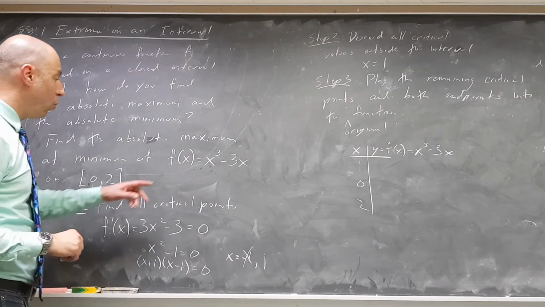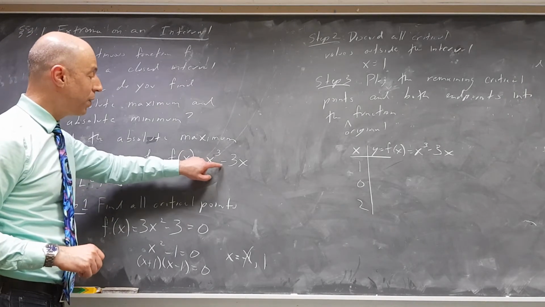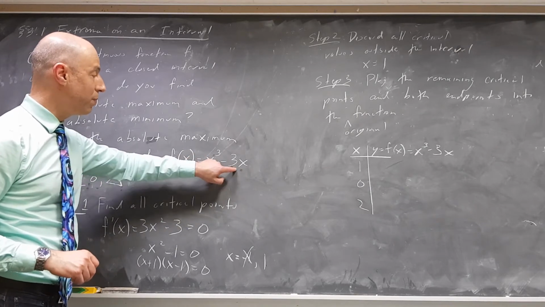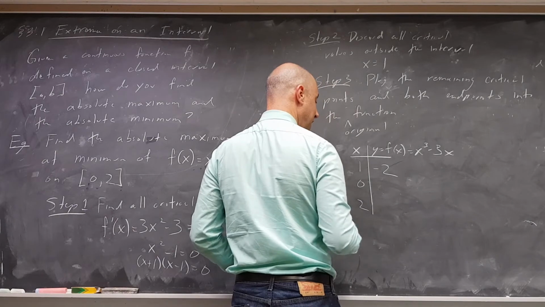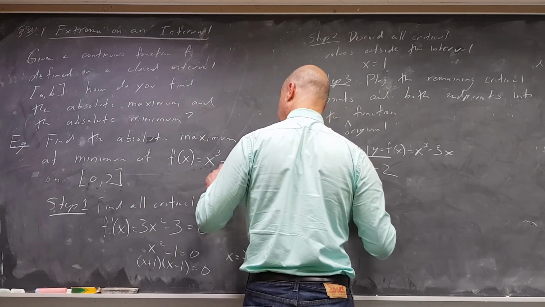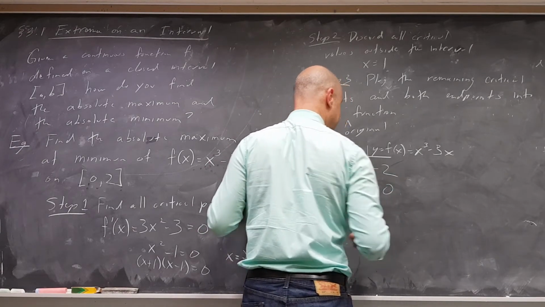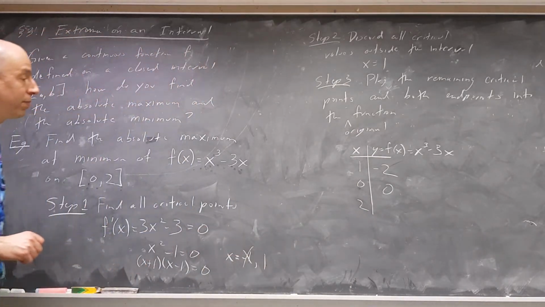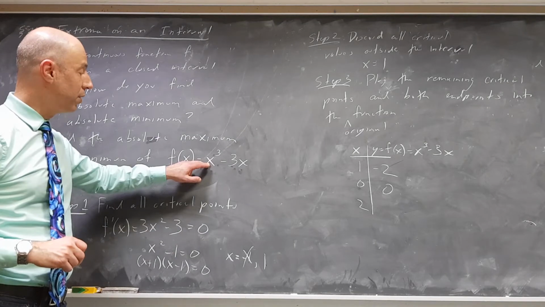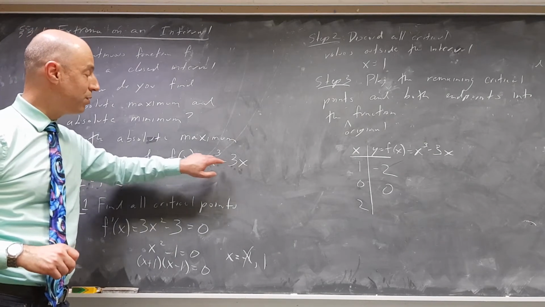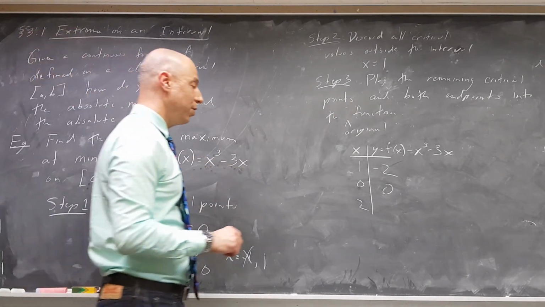If we plug 1 in, we get 1 cubed minus 3 times 1, that's 1 minus 3, that's negative 2. If we plug 0 in, we get 0 cubed minus 3 times 0, that's 0. And if we plug 2 in, we get 2 cubed, or 8, minus 3 times 2, 8 minus 6, that's 2.